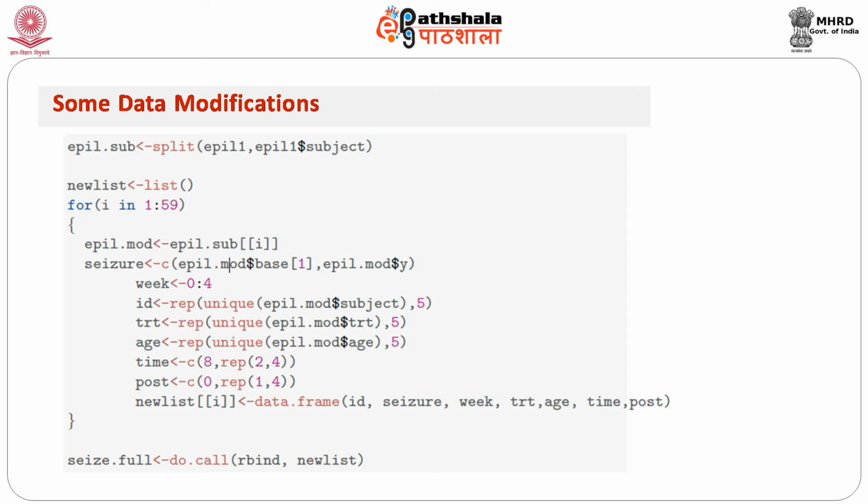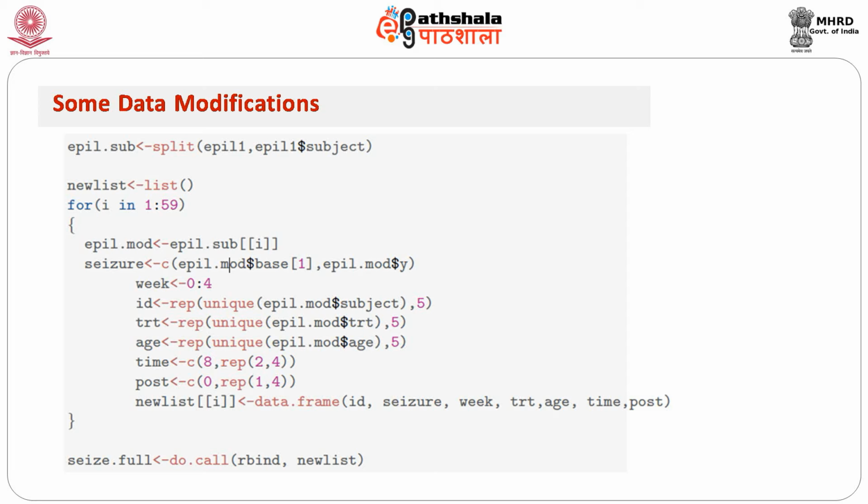So, the ith element would be the data frame for the subject i, and because we have 59 subjects, we would run a loop from 1 to 59 and we would modify each element of apil.sub list and store it in a new list, and then we would bind them. So, what we are doing here is apil.mod is apil.sub i. So, that means we are taking the ith element of apil.sub and storing it in apil.mod.